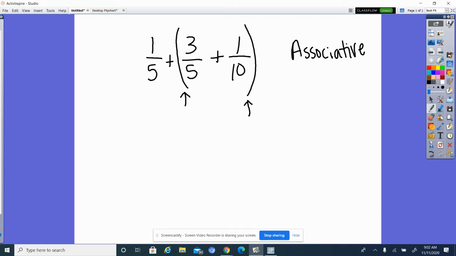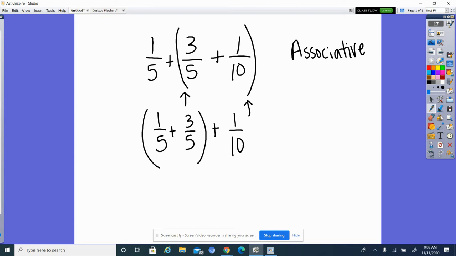Or would it be easier to figure out 1/5 plus 3/5 first? Why? Because they're both fifths, so we don't have to find a common denominator. So I want to do this first and then do that.